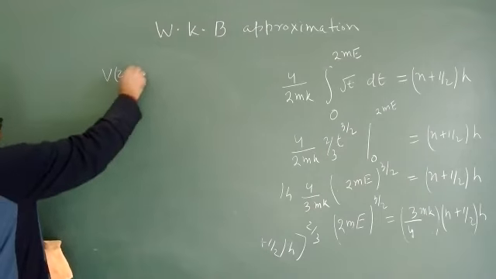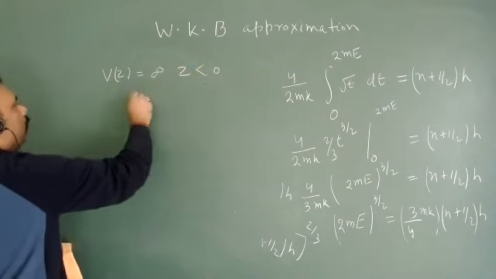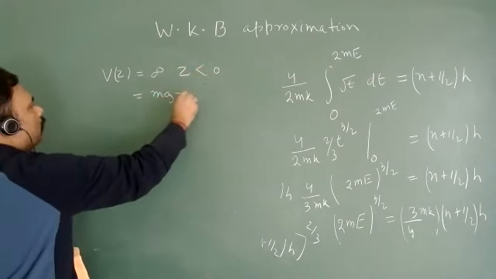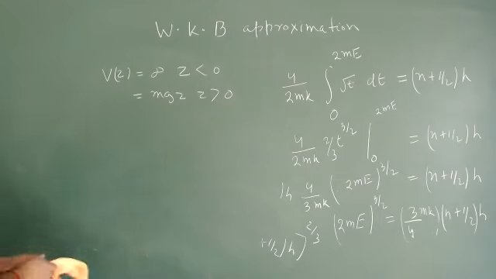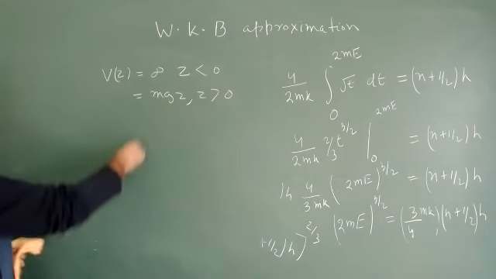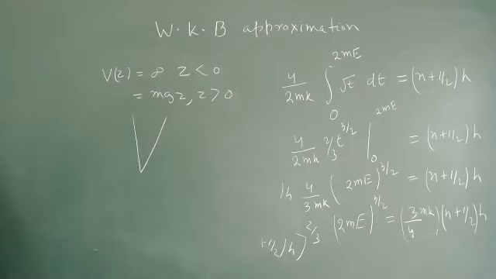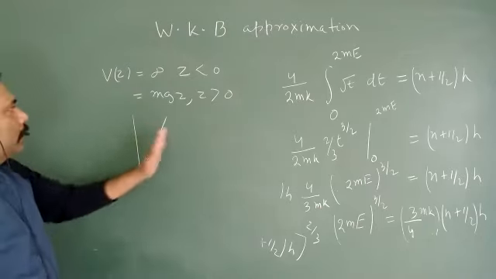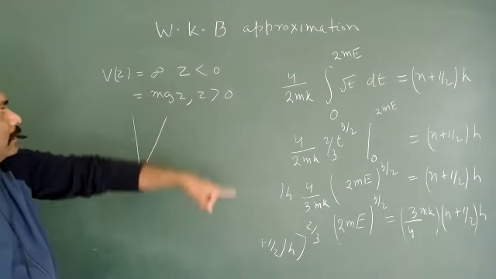Let's say V(z) is equal to infinity if z is less than 0, and that will be mgz if z is greater than 0. Okay. So which type of potential is there? Something like this, isn't it? This is your potential, and this is just linear, same thing.